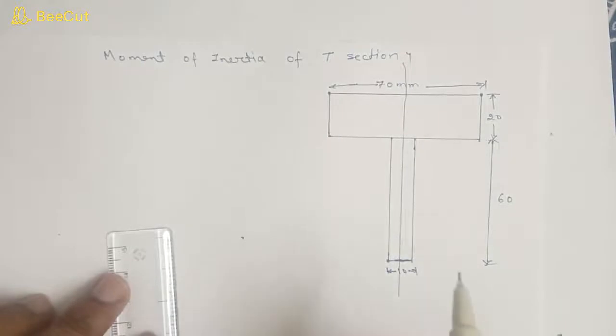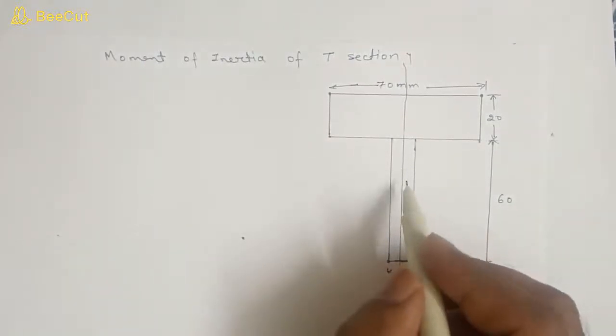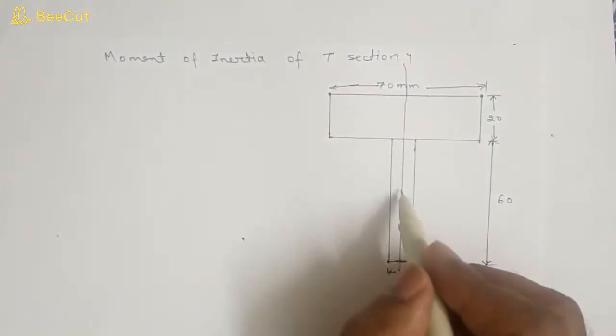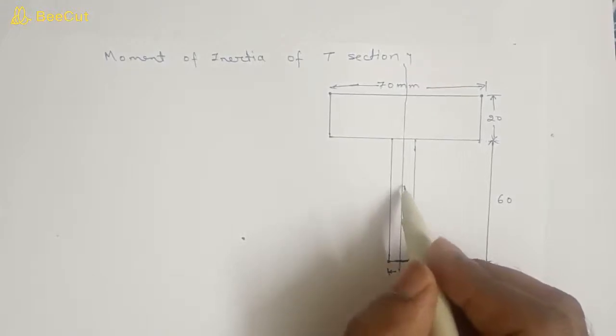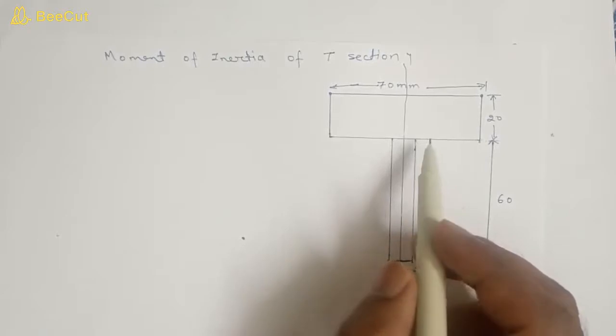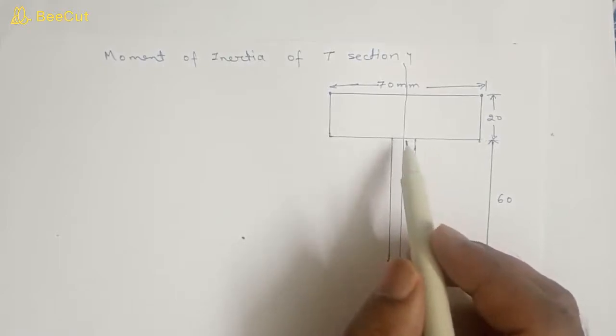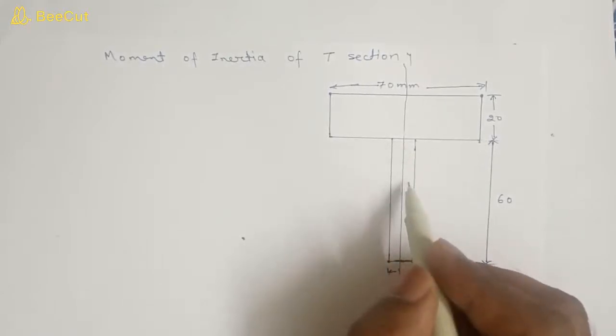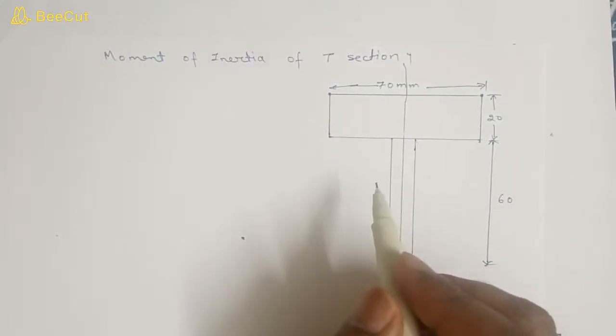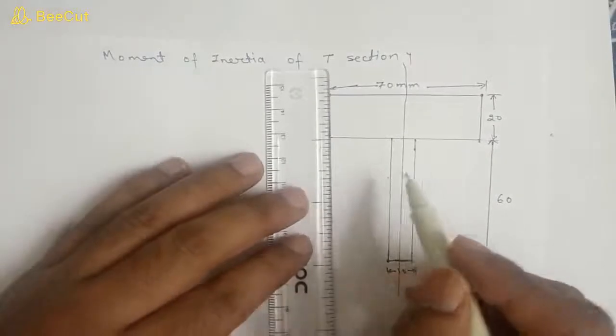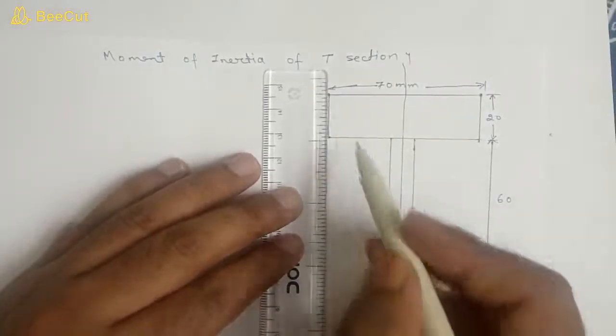So we can say that the centroid x coordinate of this T section will be located at this line, because if a section is symmetrical about the y-axis, then the centroidal x coordinate will be 0. But if you don't understand this, then let's calculate the centroid x coordinate and y coordinate both.